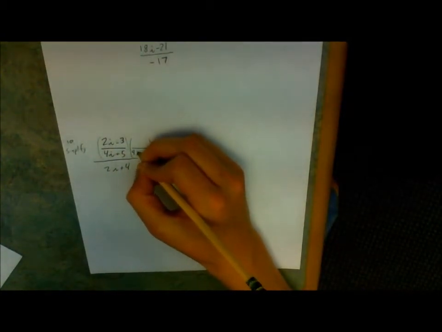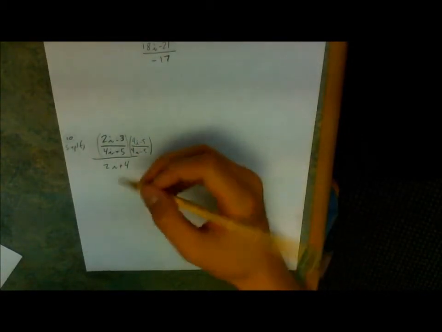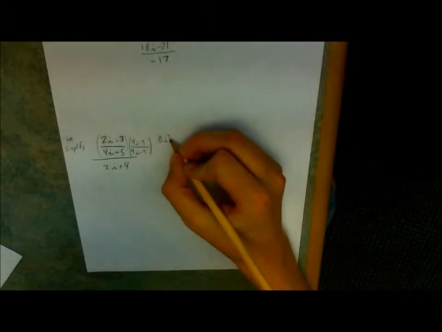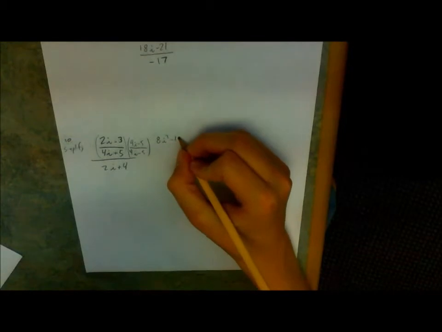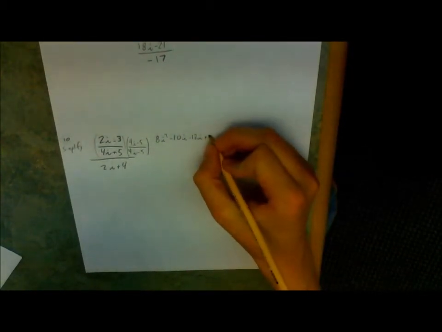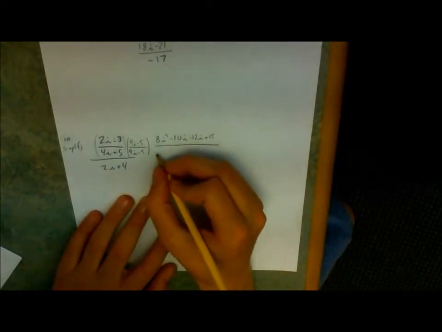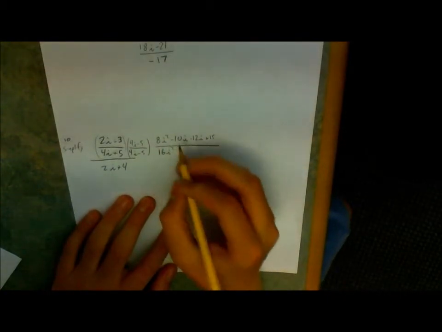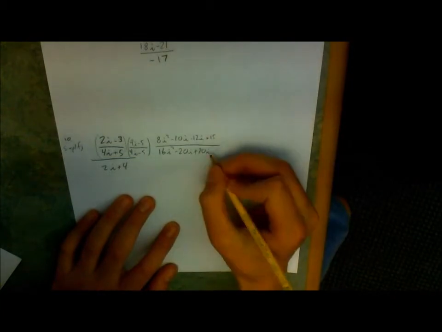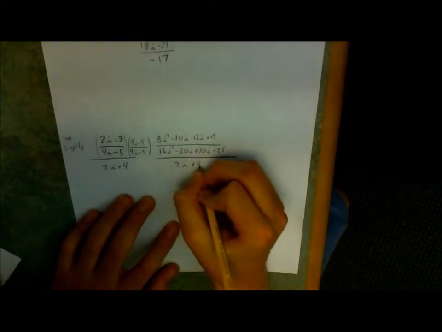So we have 4i minus 5 over 4i minus 5. Foiling the numerator, we have 8i squared minus 10i minus 12i plus 15 over, we have 16i squared minus 20i plus 20i minus 25, and that's all over 2i plus 4.